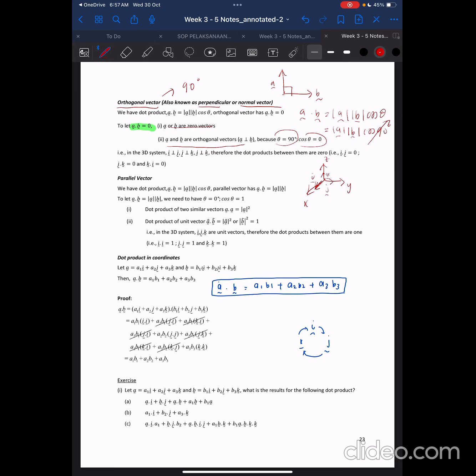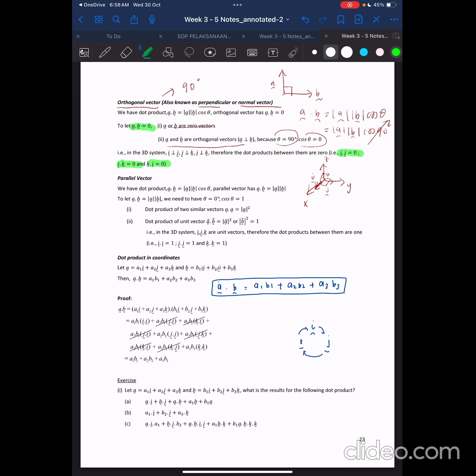So they are always 90 degrees with each other. i and k 90 degrees, i and j is 90 degrees with each other, j and k is 90 degrees with each other. Therefore, i dot j will always be 0 because they are 90 degrees, cos 90. j dot k is equivalent to 0, and k dot i is equivalent to 0.